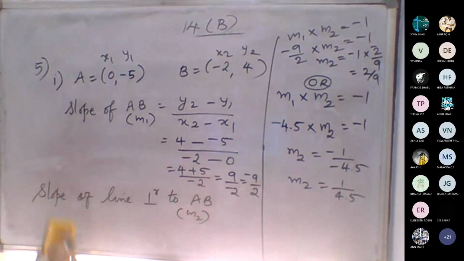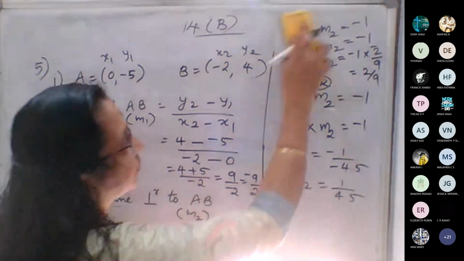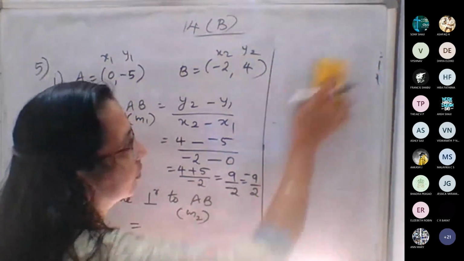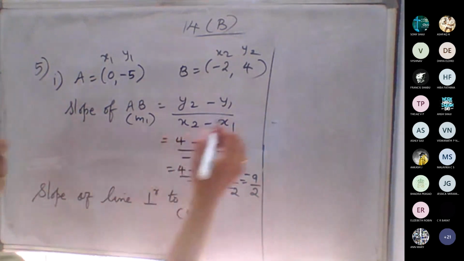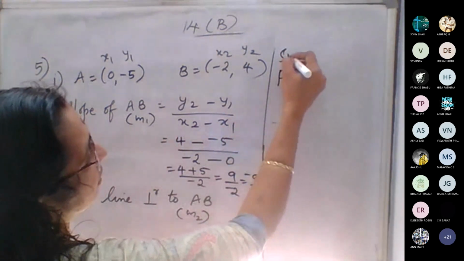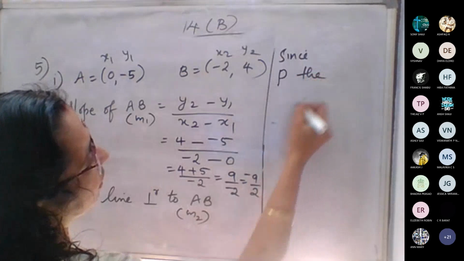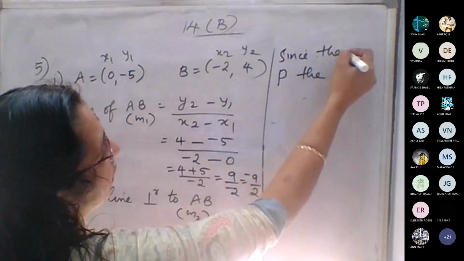Then next, the slope of the line perpendicular to AB we have to find out. Before that, what we have to write is: product of slopes is equal to negative 1, since they are perpendicular.